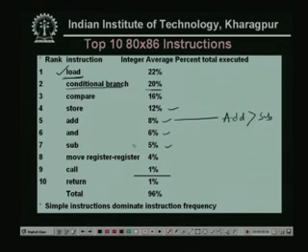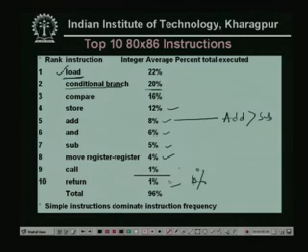Move register to register is only 4%. A call routine is only 1% and return is also 1%. Total say 96%. There are many miscellaneous other instructions that are the rest 4%.